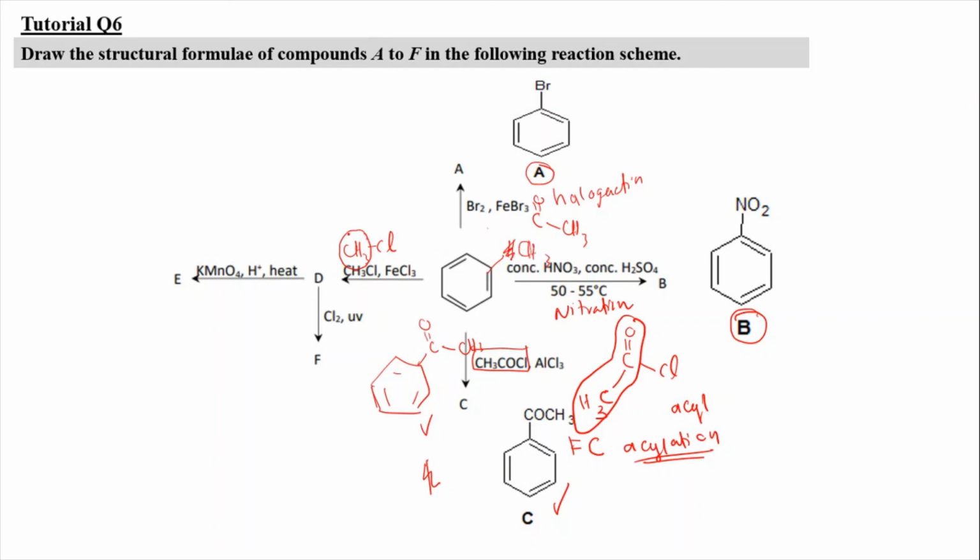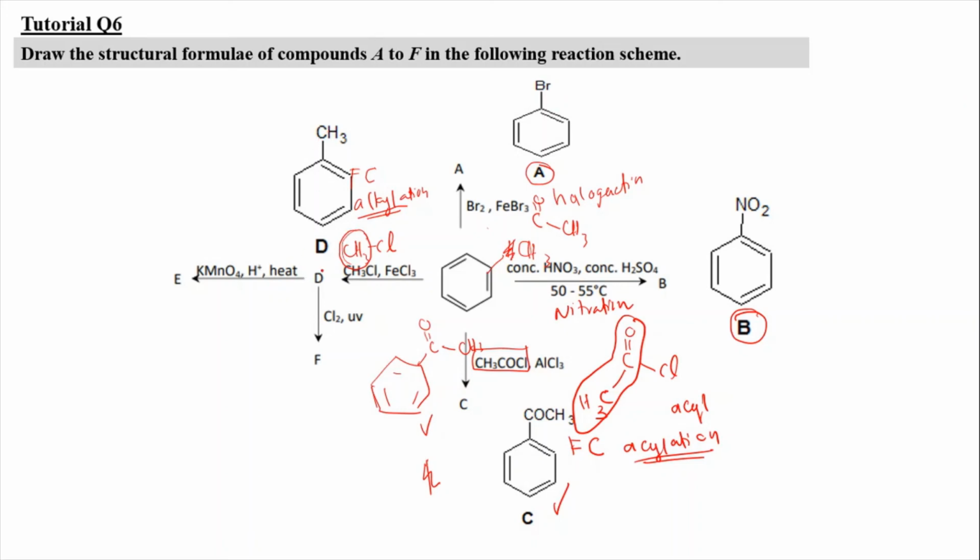So yang masuk adalah alkyl group. So this process is known as the Friedel-Crafts alkylation. Tadi adalah acylation pasal dia ada C double bond O. But now we only refer to the alkyl group. So benzene ring attached with the alkyl group, which is CH3Cl. So hanya CH3 yang akan masuk.